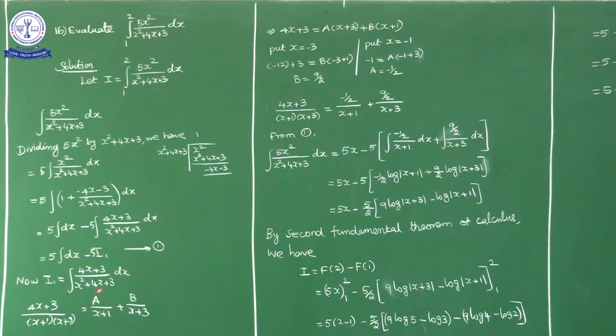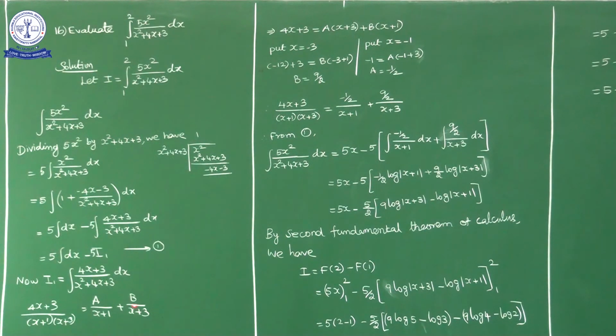I'll use the partial fraction method here to solve this one. Here the numerator is a linear factor, and the denominator is the product of two linear factors. So I'll write this as a upon x plus 1 plus b upon x plus 3.